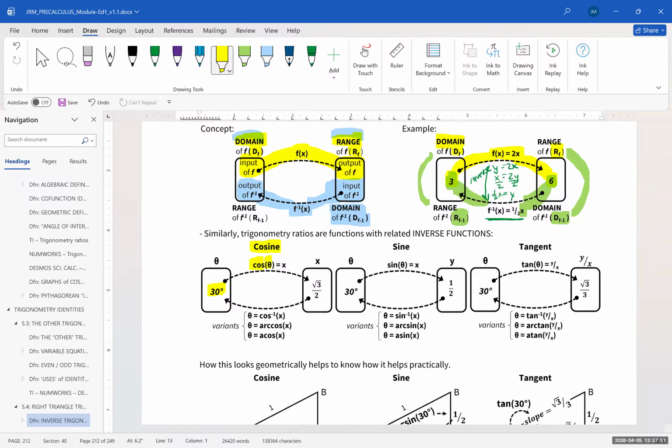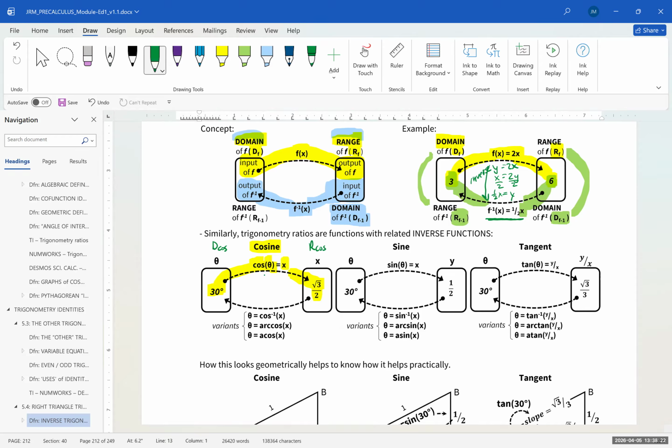And so when we calculate the cosine of 30 degrees, what we get out is some value on the x-axis. We get the square root of 3 over 2. So this is the domain of cosine, and this is the range of cosine.